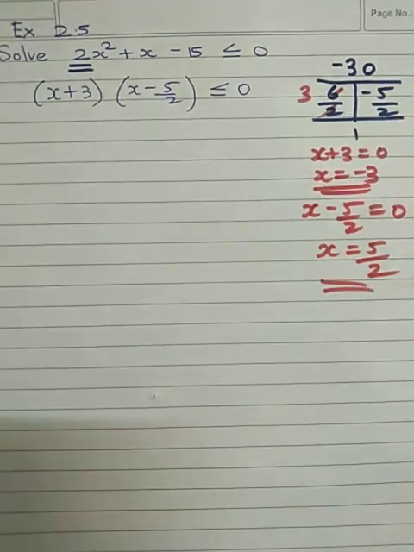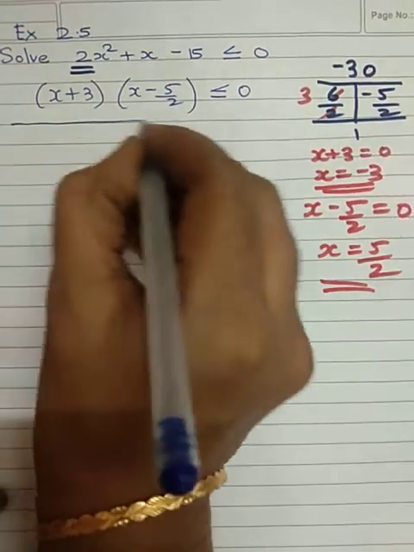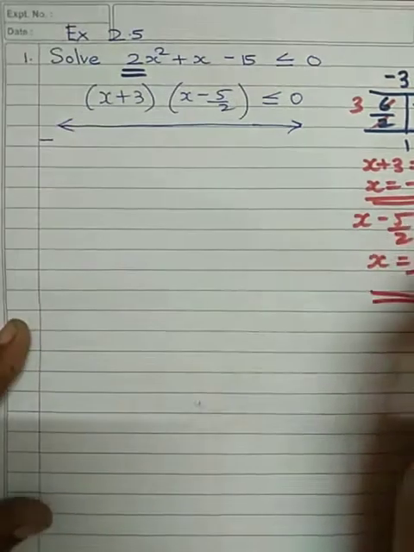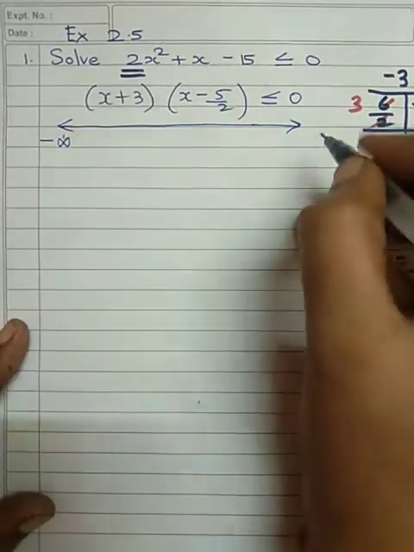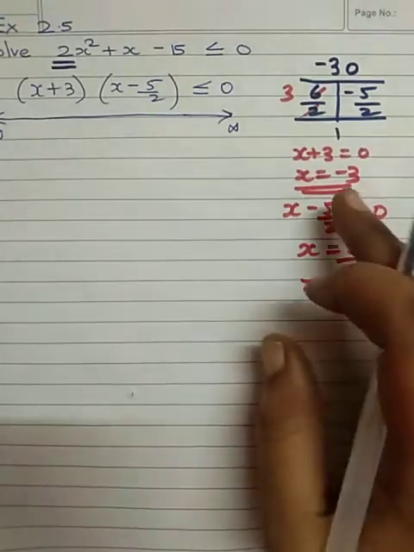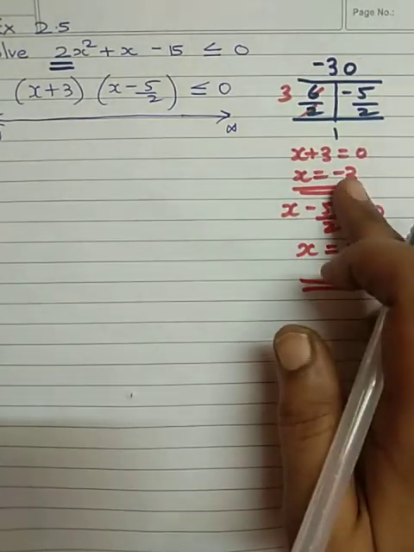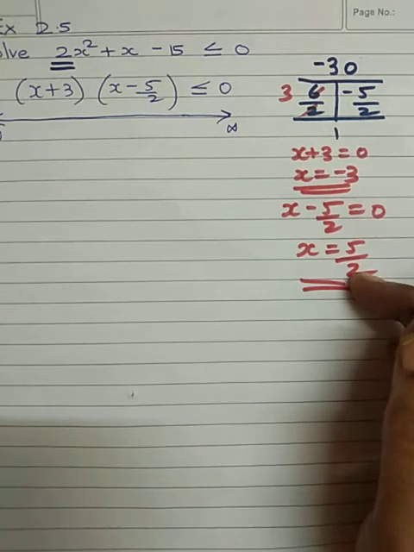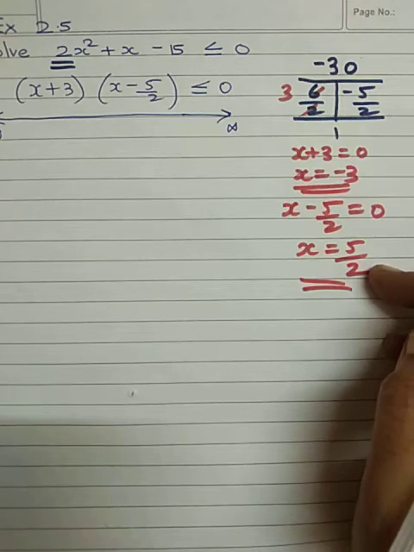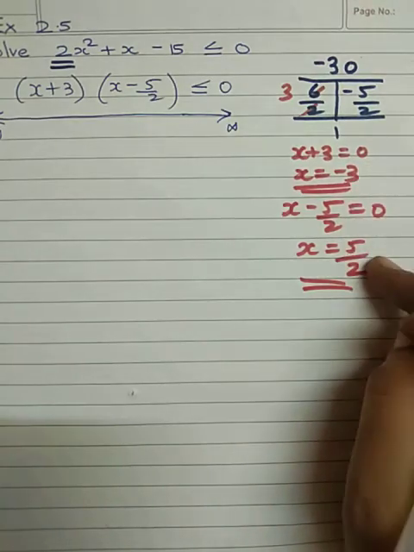Now let me draw a number line, with minus infinity on this side and plus infinity on this side. These two numbers I have to mark on the number line. Always, of two numbers, the smaller number goes on the left side and the greater number on the right side. −3, 5/2.